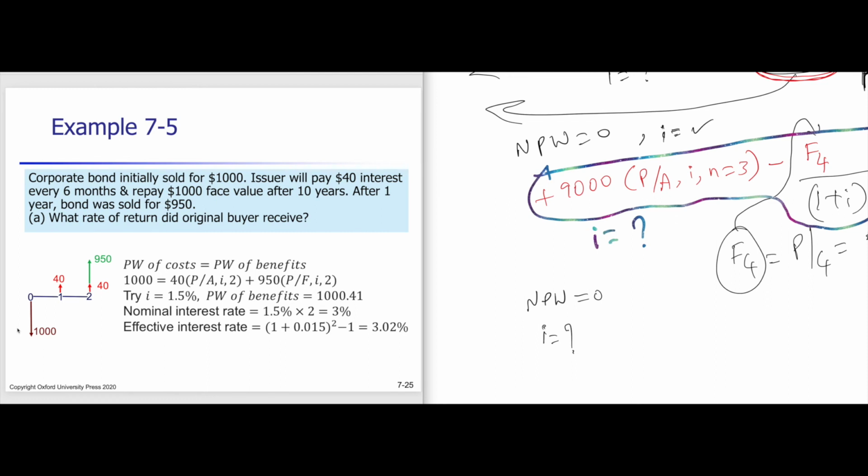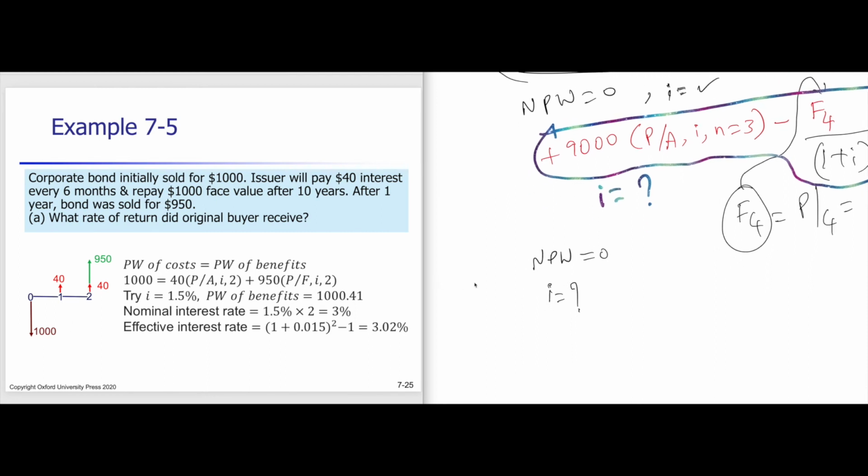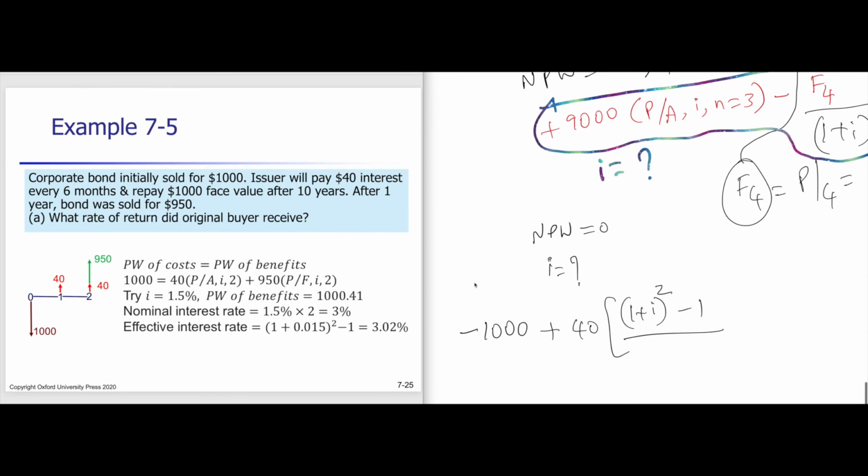So for this problem, what do we do? We write -1000 because the present is -1000, and we have a positive annual amount, so positive 40 times P given A, which is (1 plus I) to the power of n, here n is 2, minus 1, over I times (1 plus I) to the power of 2.